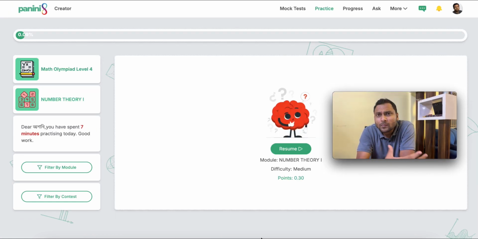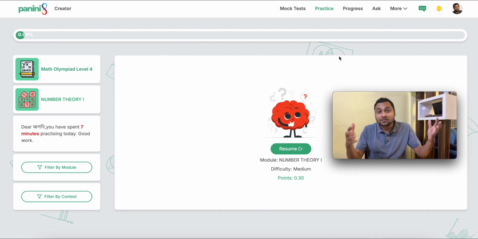You could go back to practice and then do some more practice. You could take a mock test. You could ask questions. I hope you're enjoying the system. It's still a little bit work in progress. We are fine-tuning some parts of it, but its main job is to help kids do interesting problems and have a conversation around mathematics.